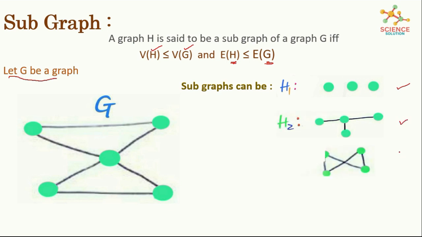H3 can be another subgraph of G of 4 vertices and 4 edges, and H4 is also a subgraph of graph G, of 4 vertices and 3 edges.